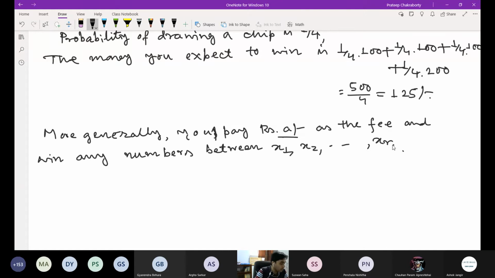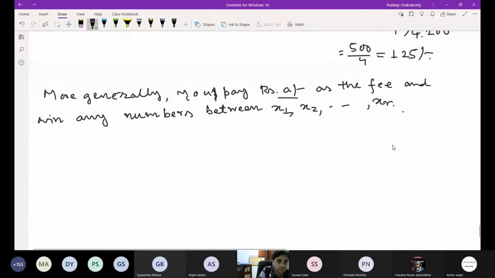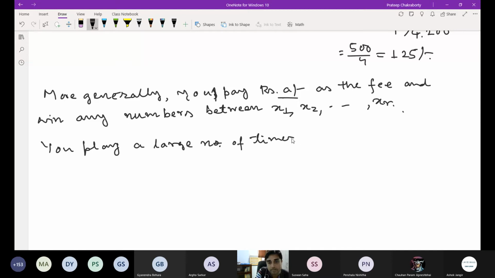But if you play a large number of times, then what will happen? Suppose this number is n.